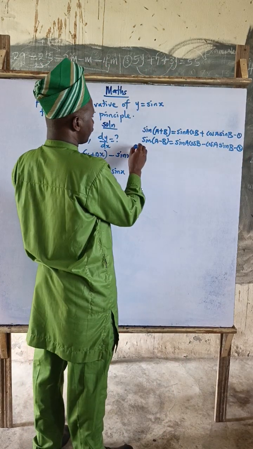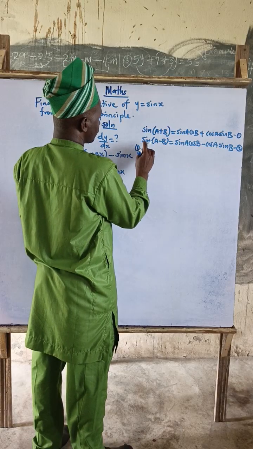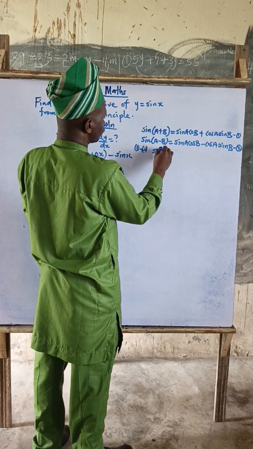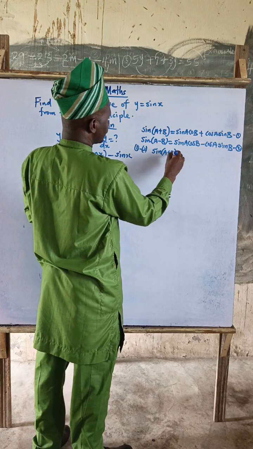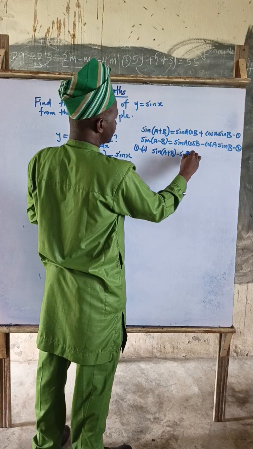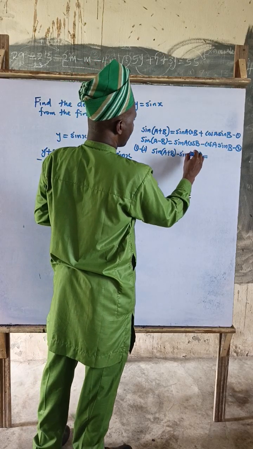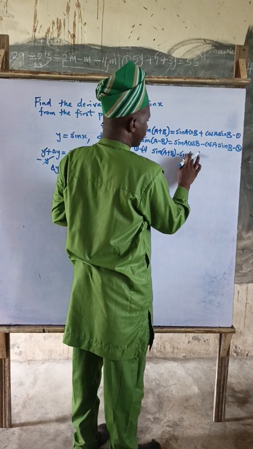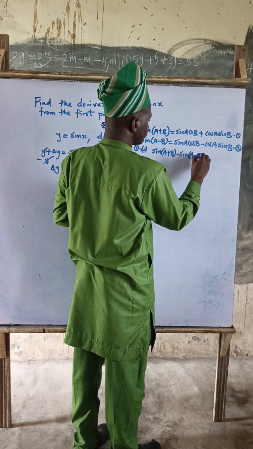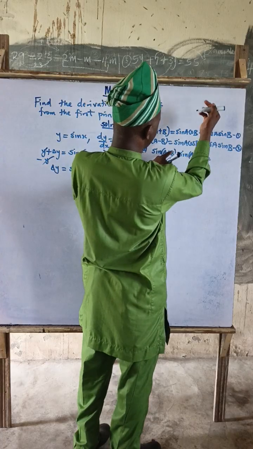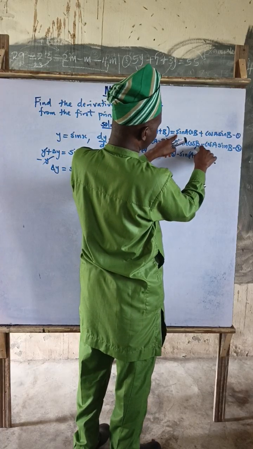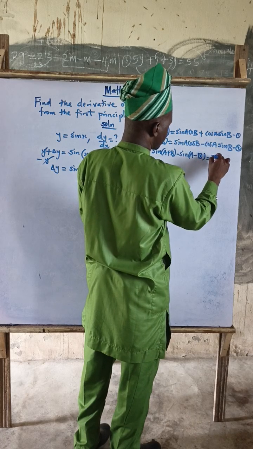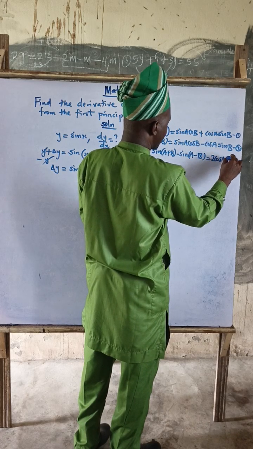When you take away equation 2 from 1, that is 1 minus 2, we have this side to be sin(A plus B) minus sin(A minus B) equals, by taking away equation 2 from 1, this will cancel out and the minus will change to plus. You'll be having 2 of this, that is, at the end we have 2 cos A sin B.